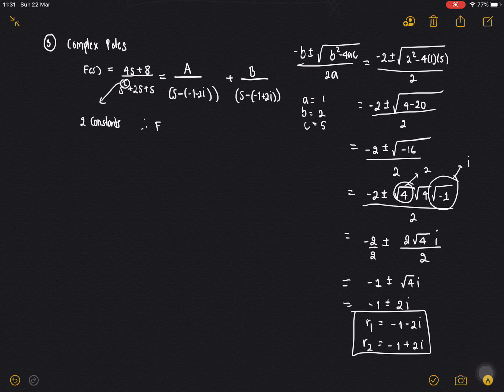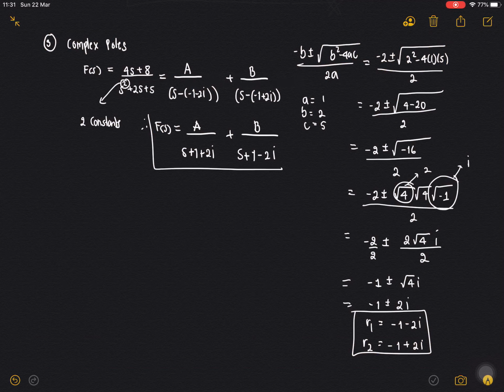Therefore your F(s) will be A divided by (s + 1 + 2i), adding up with B divided by (s + 1 - 2i). As you can see here, we are stuck with the complex pole, that is the value of i.